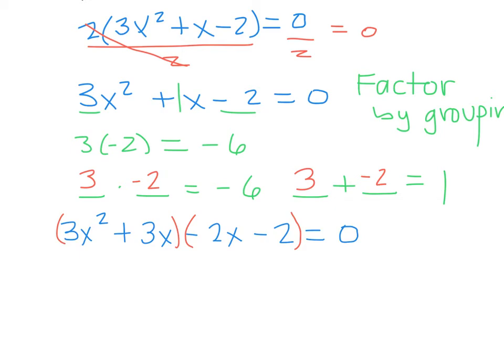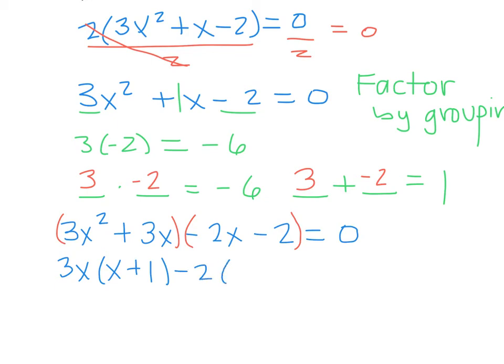So we look at the 3x squared plus 3x. Okay, we've got greatest common factor of 3x. That comes out in front, and inside parentheses, we're left with an x and a plus 1. And we look at the second grouping. The greatest common factor there is a negative 2.